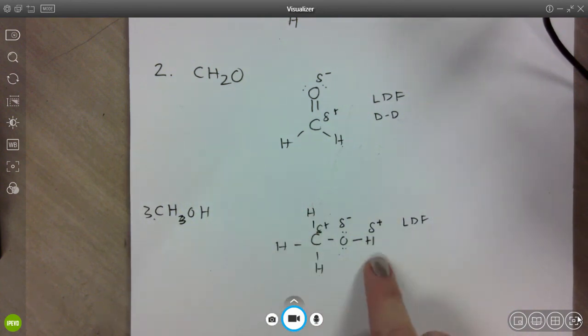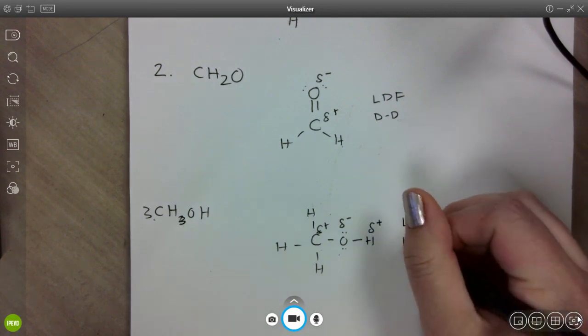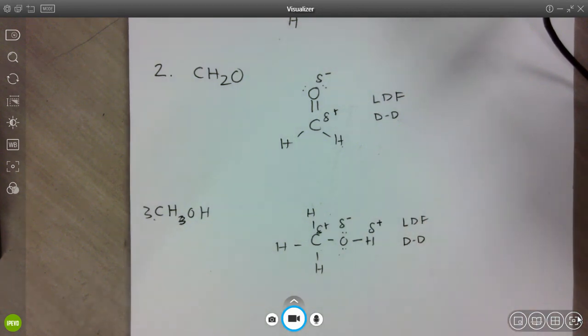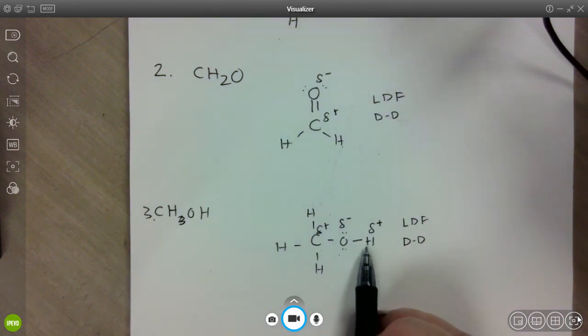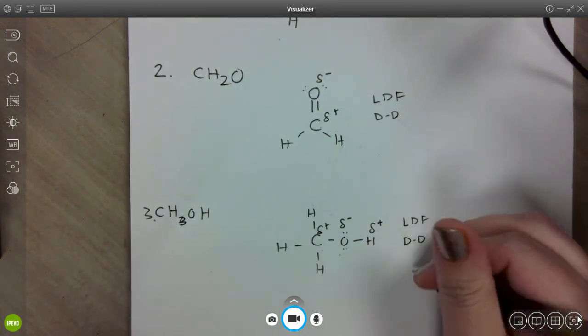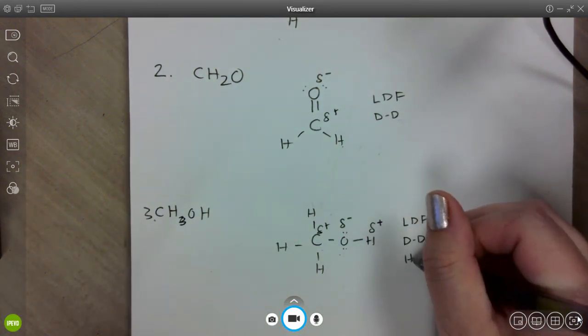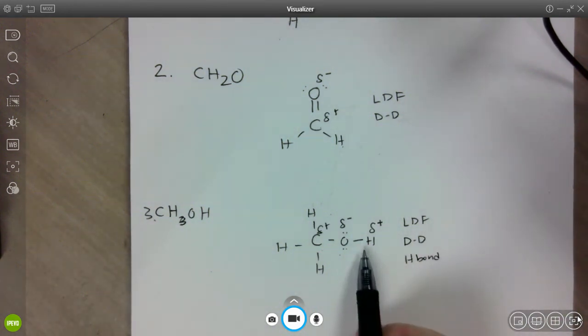And so since we have the mix of bonds here, that means that this is polar and we have dipole to dipole. And then lastly, in this case, because we have an O to H connection here, this can hydrogen bond with anything else. So I have a hydrogen bond here as well. Again, this is not the hydrogen bond. This is the place where it can form a hydrogen bond with something that's capable of doing that.